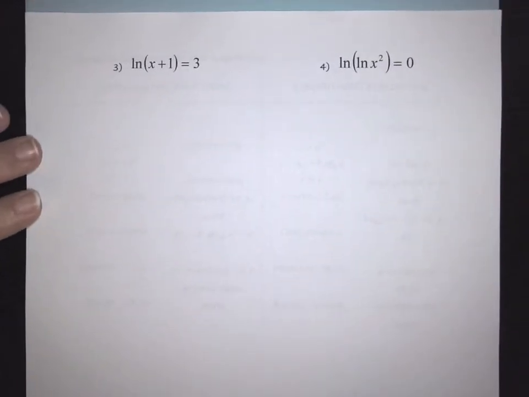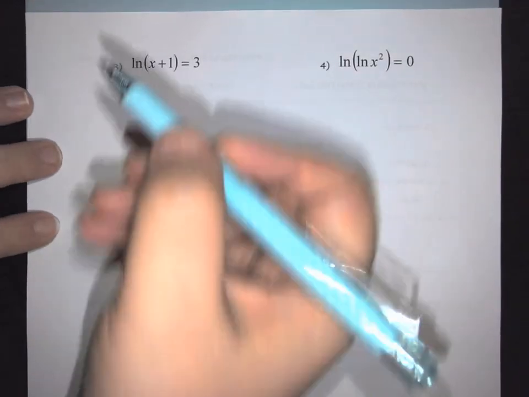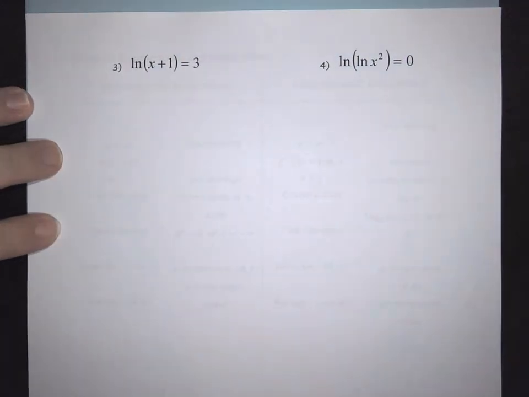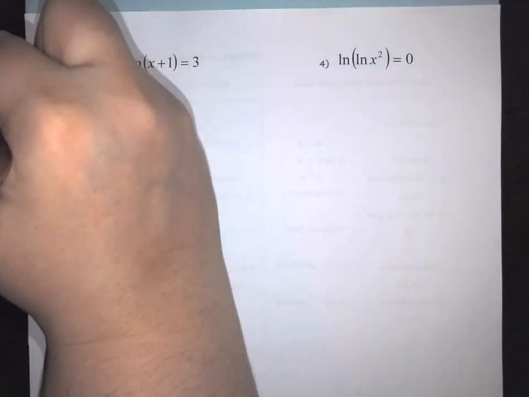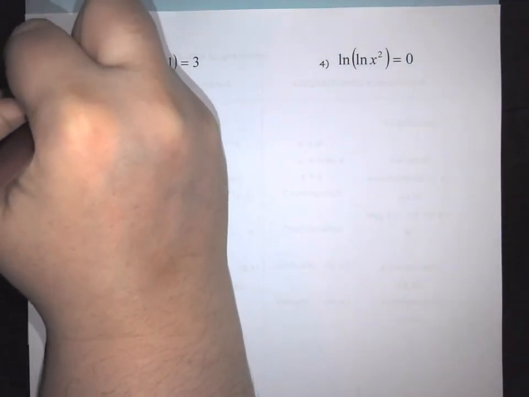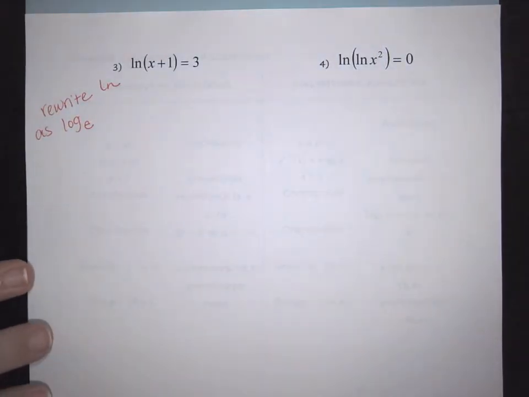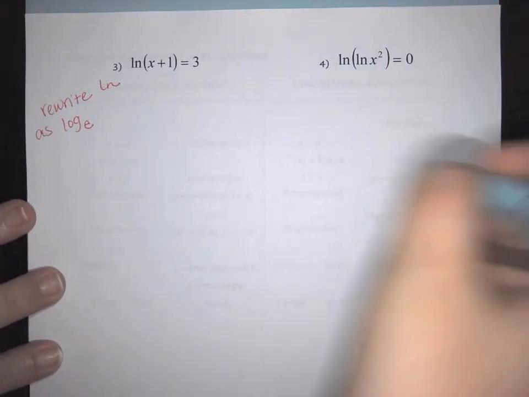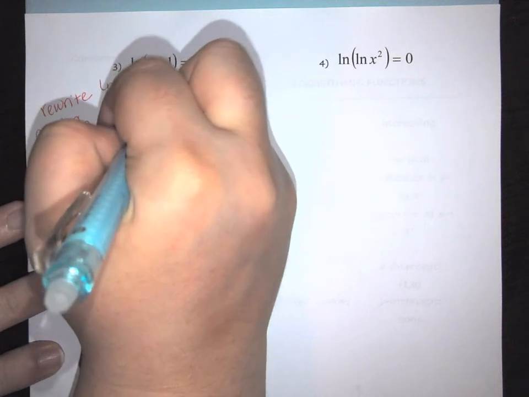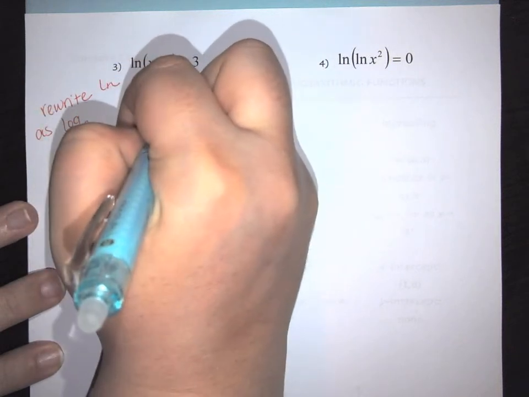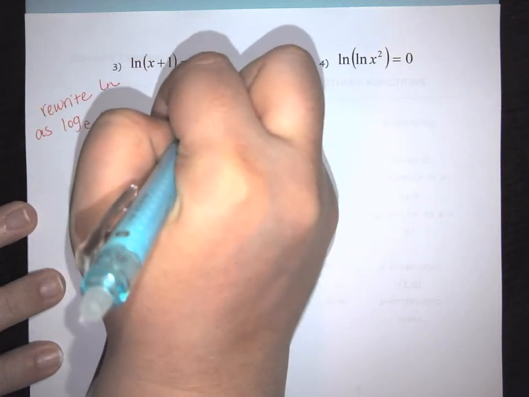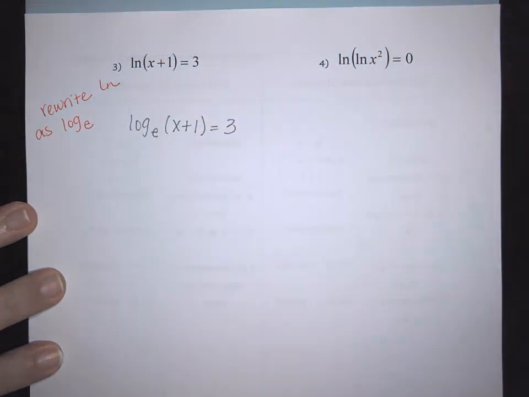Now let's take a look at this next example. Here, the rule that we have to follow is that we need to rewrite your natural log as a log base e. So this says that the log base e of x plus 1 equals 3.